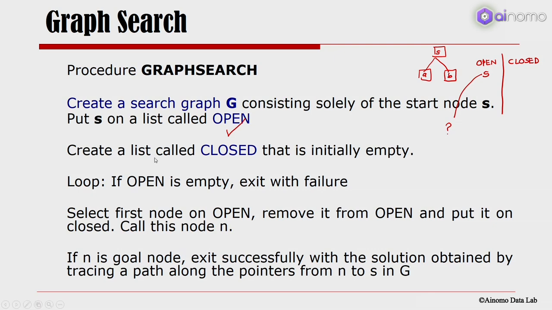I create a list called closed that's initially empty, and if there is nothing in open, I have to exit with failure. Otherwise I select the first node on open and remove it from open. I take it away from open and put that node in closed. Why do I do that? It is a way to remember that S has been expanded.